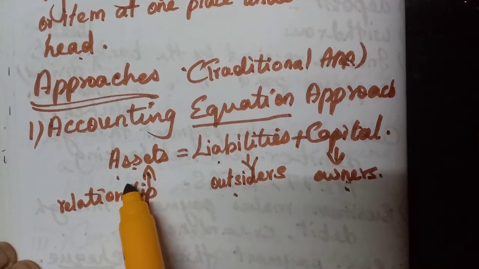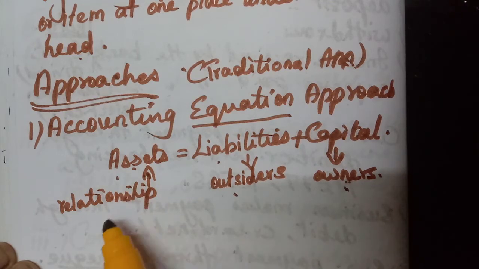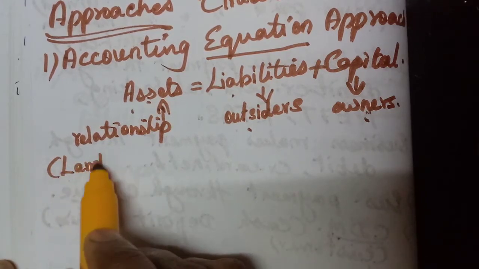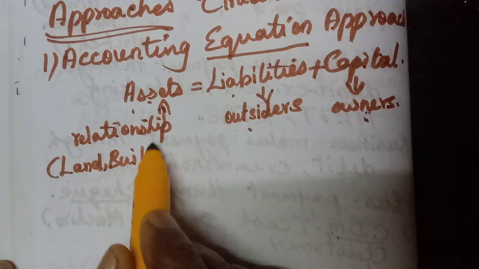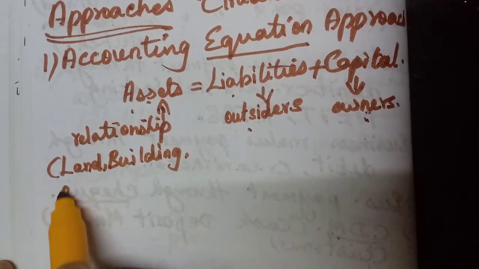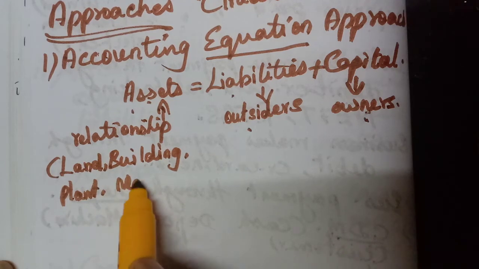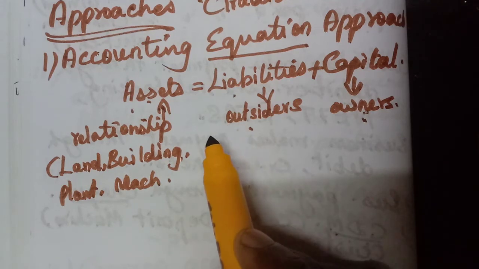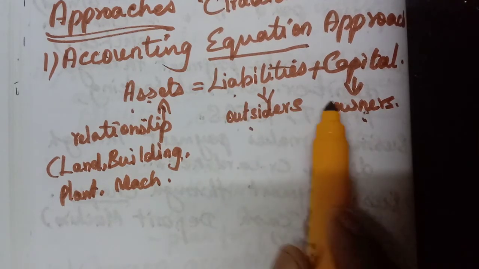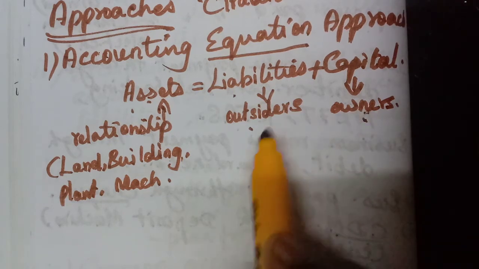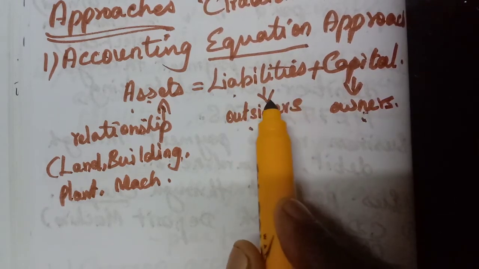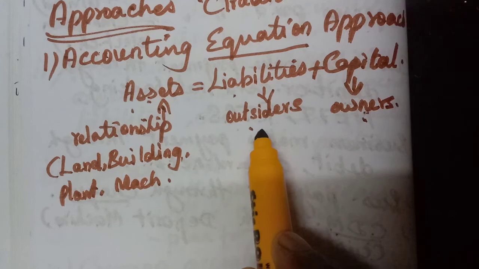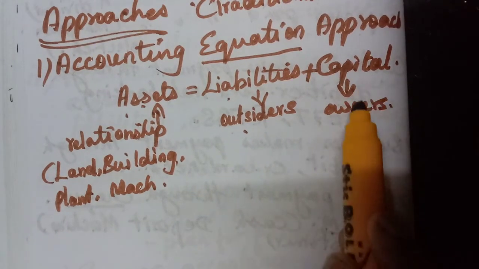Here assets means all the assets that we have, maybe the land, building, plant, machinery. Any asset if we purchase, that one is equal to the liabilities and capital. Liabilities, what is the meaning? The business owes to outsiders or the business owes to the owner.